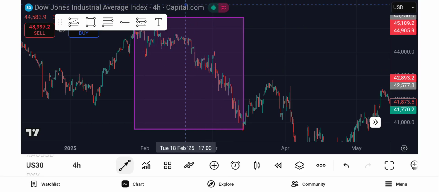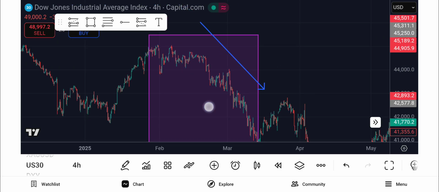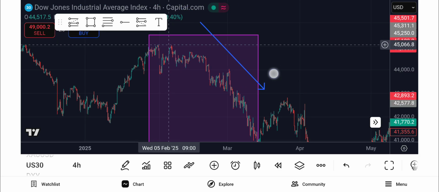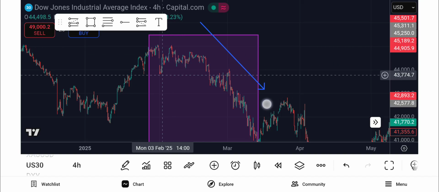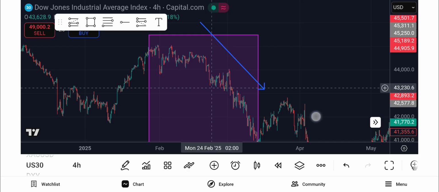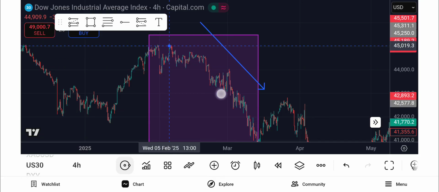So notice how this is a downtrend, because the lower highs just keep taking out the lower lows. See, this lower high took out this lower low and formed this lower high. Show you guys again.